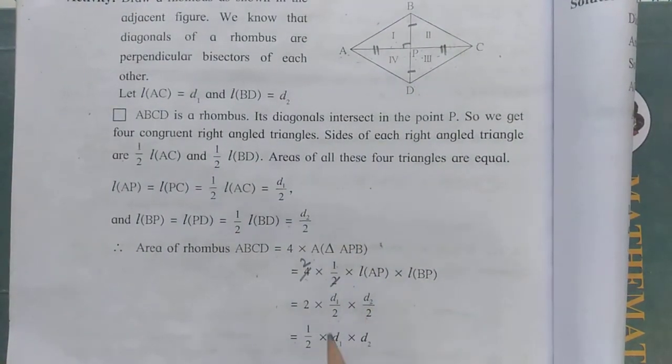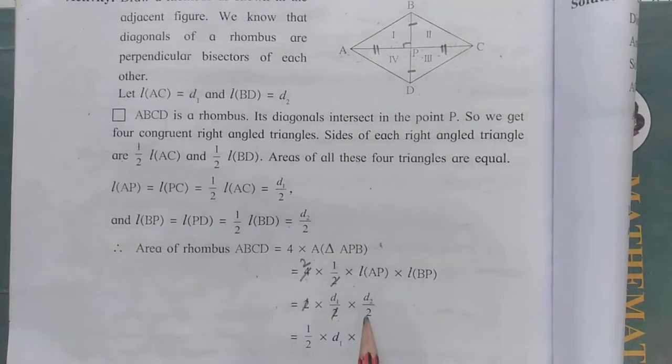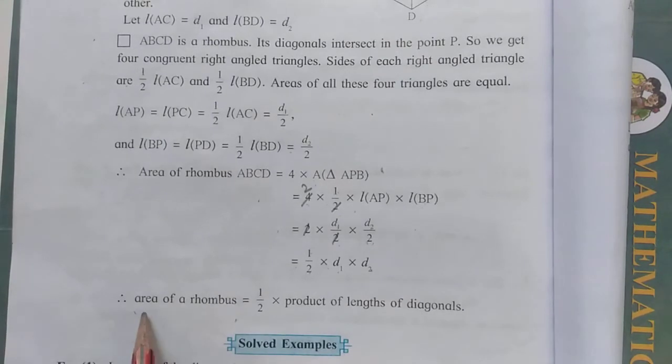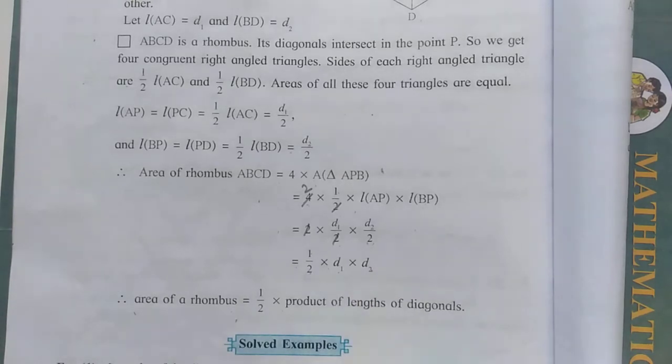Now see again, these 2s cancel, so only 2 is remaining here. So 1 by 2 multiplied by D1 multiplied by D2. So the area of a rhombus is equal to half into the product of the lengths of the diagonals. And this is the formula for calculating the area of a rhombus. Very simple.